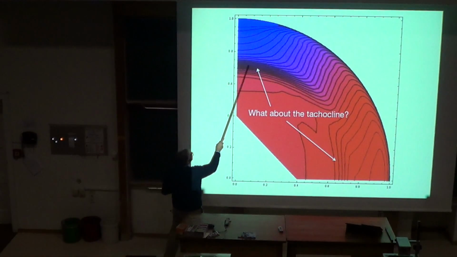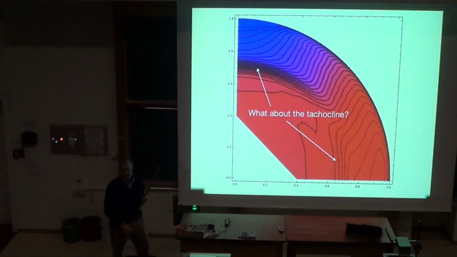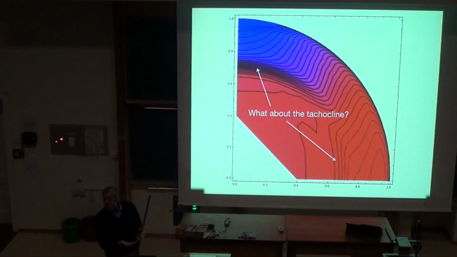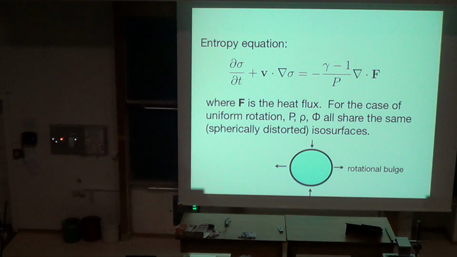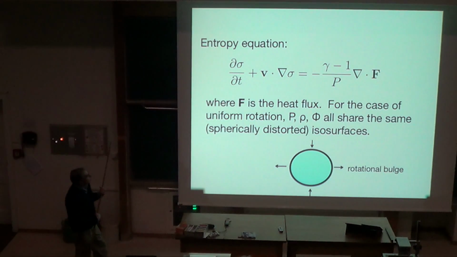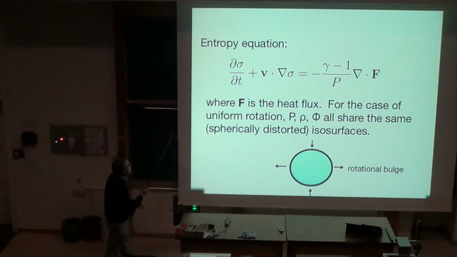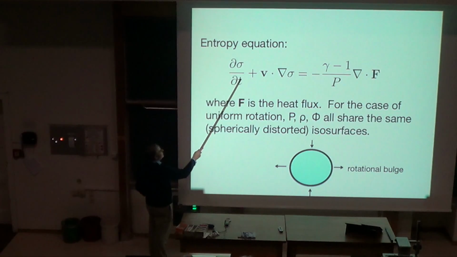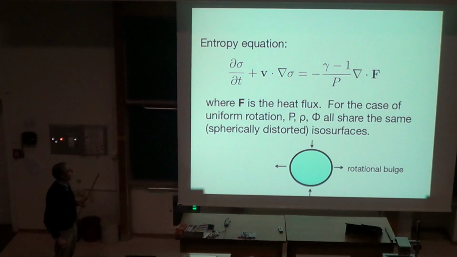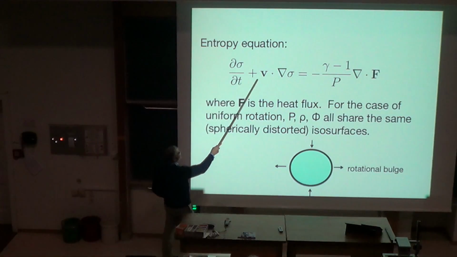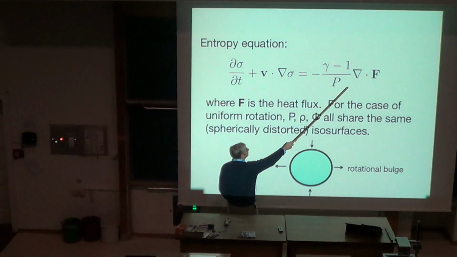There's something very different about this region here when I join on to this boundary condition. Without convection, on a perfect uniform rotation, I need to join on to that in some ways. If I look at the fundamental thermal energy, not energy equation, I should be careful, entropy equation, basically the second law of thermodynamics. It says that d sigma dt, sigma, remember, is just my entropy variable, log of p over rho to the gamma, plus v dot grad sigma, and here is the radiative flux.